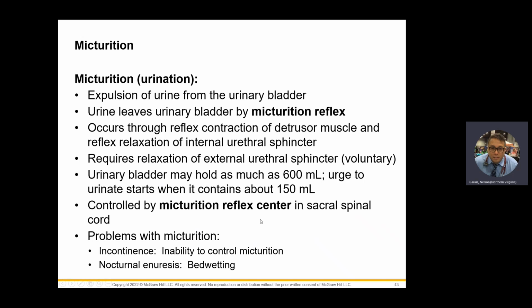That's the center that tells you to do what? You need to go pee, right? But of course, I have an external sphincter that says I can hold it, but who's eventually going to win? The internal urethral sphincter.